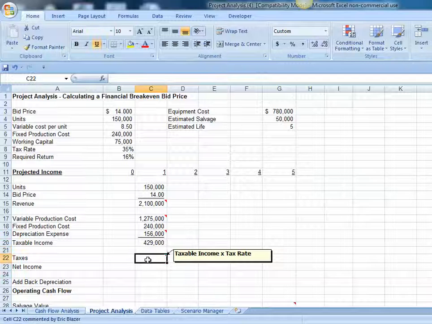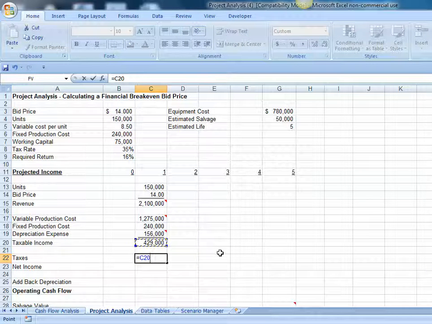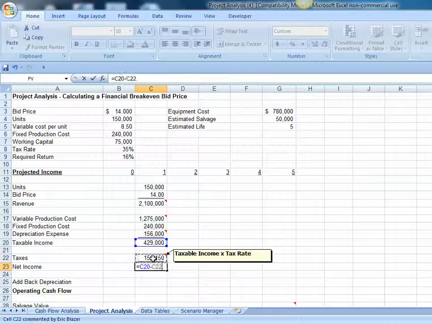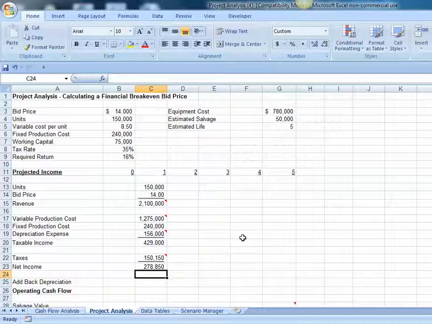Our taxes then will be our taxable income of $429,000 multiplied by our 35% tax rate, again absolute cell reference, and our net income will be our $429 minus the $150,000 in taxes, or $278,850.